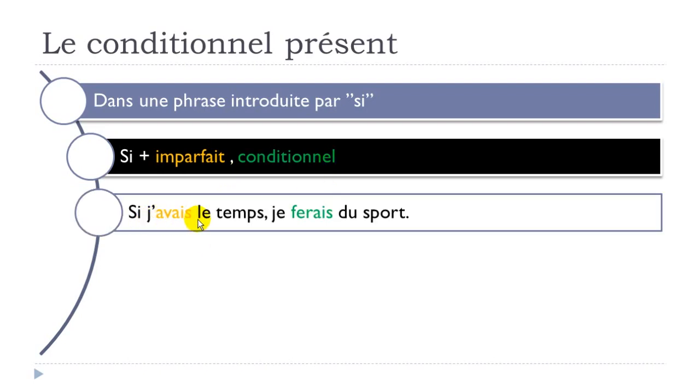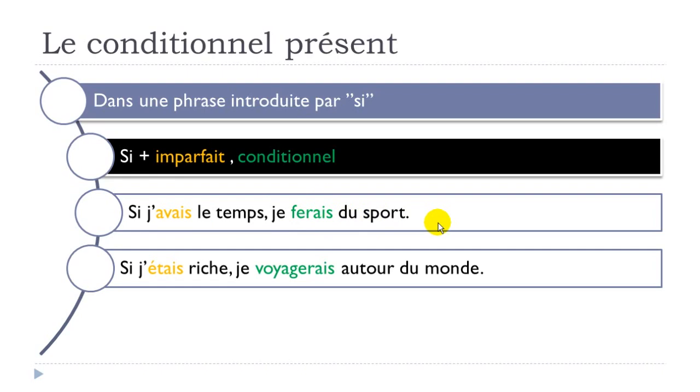Let's take one example. Si j'avais le temps, je ferais du sport. So si j'avais le temps, if I had time, it's the same in English. Je ferais, remember, it was faire, to do, but at the conditionnel form, du sport. Another example.